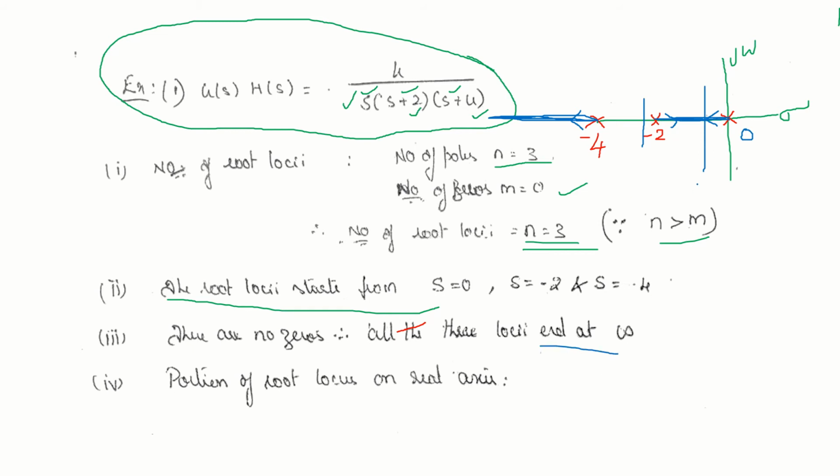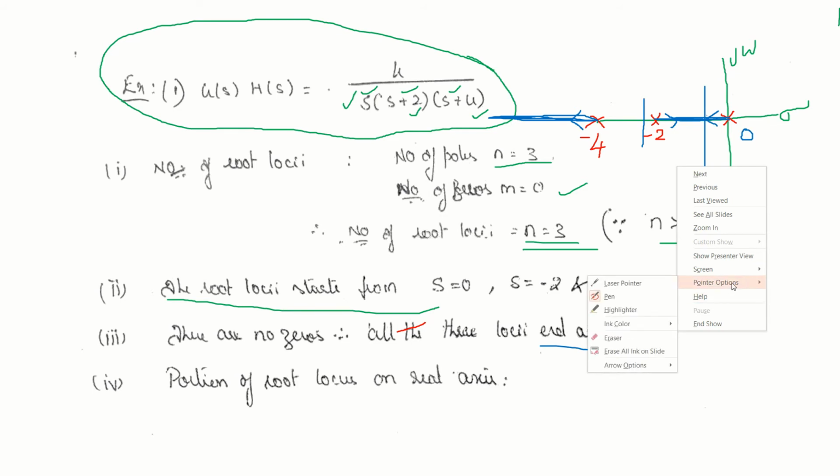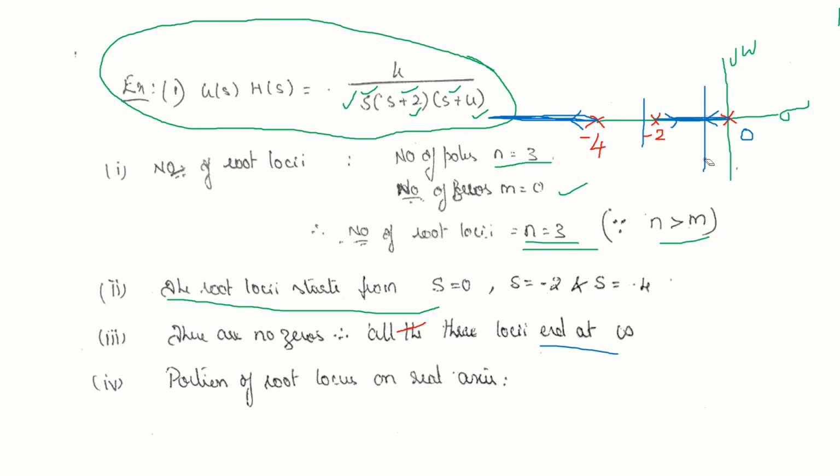And how to find portion of root loci I told you. Please don't mistake this line. This line is just assuming that keeping your hand, you are seeing towards right. Okay, so let me erase this out. Okay, right?